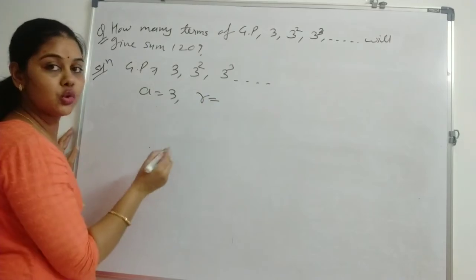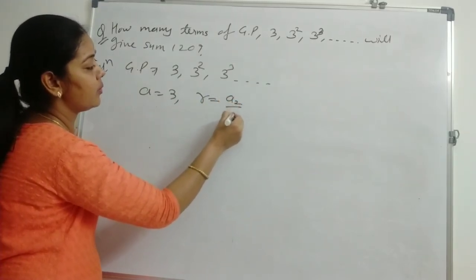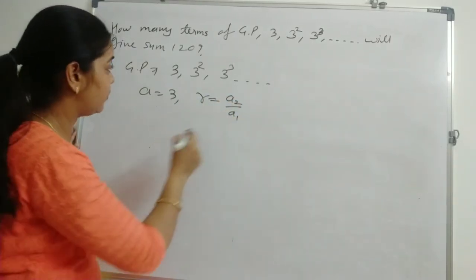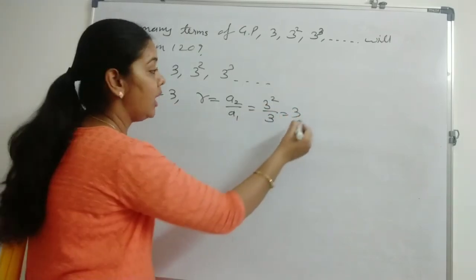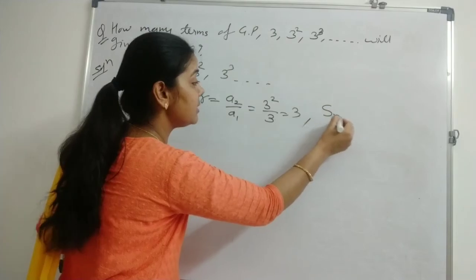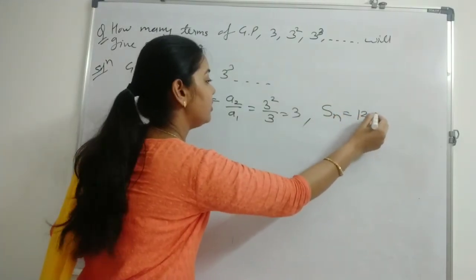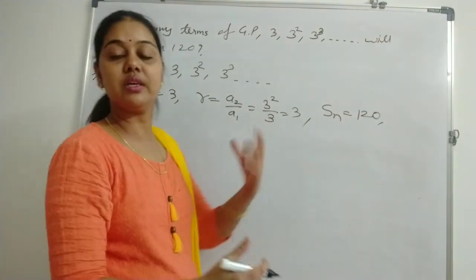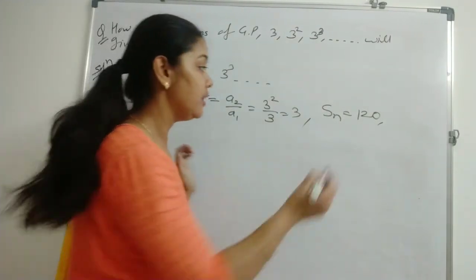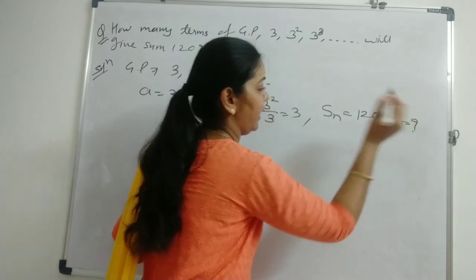The common ratio r is the second term upon the first term, that will be 3 square upon 3, it means 3. And the sum is given to us as 120. We need to find how many terms will give us the sum 120. It means what is n.